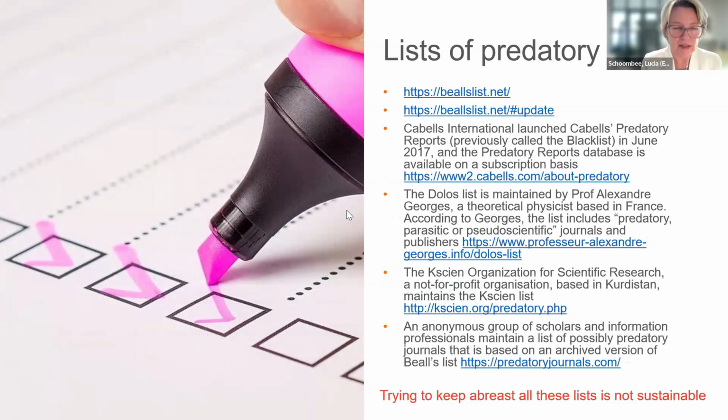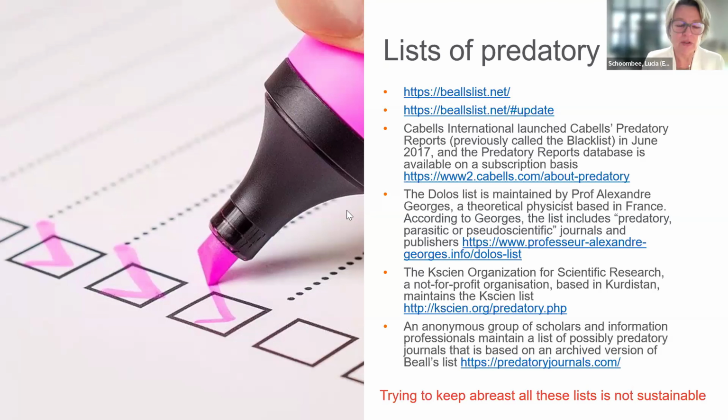There are many lists of predatory journals. There's Beall's list. Beall's list is old now, but it is also being updated by some freelance people. There's Cabell's, which is a subscription list. There are multiple lists of predatory journals, and it's almost impossible to keep up with all of them, right?